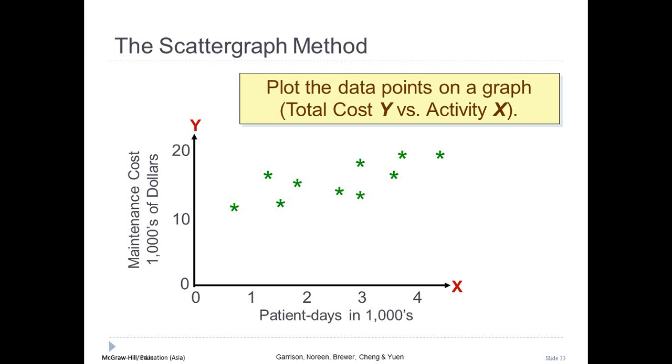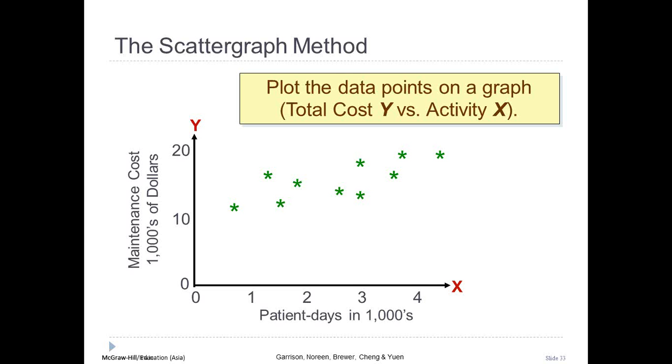The activity is the driver, known as the independent variable, and is on the horizontal axis, going from left to right. Then, after we plot that, the second step is to examine the dots on the scatter graph and see if there's any linear relationship that we could identify.